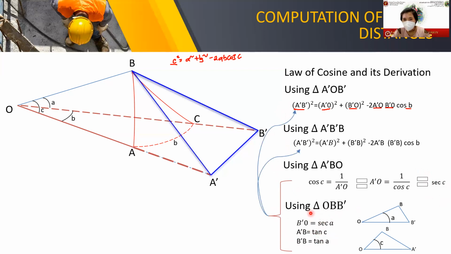So, what will happen? Since AB is what we need, we have A prime O. What is AO? This is equivalent to secant, so it becomes secant.